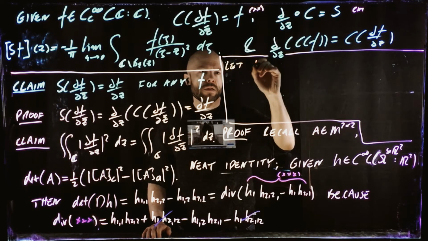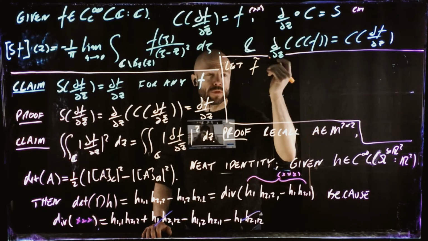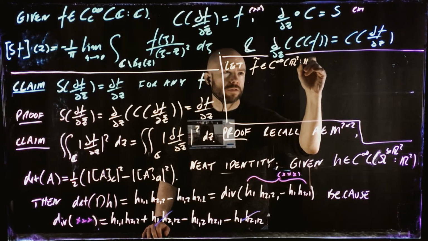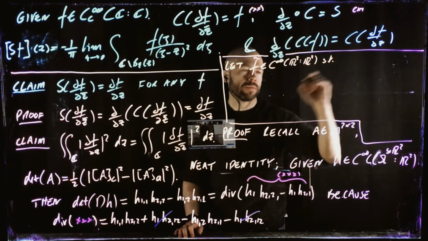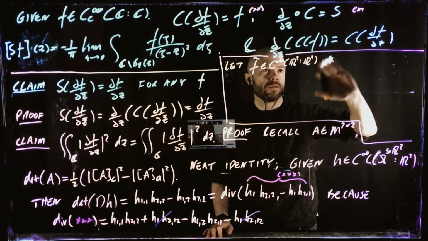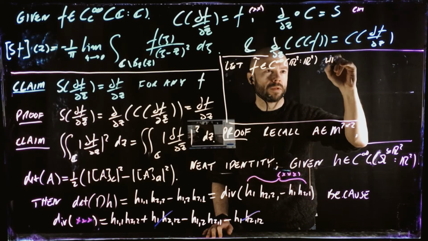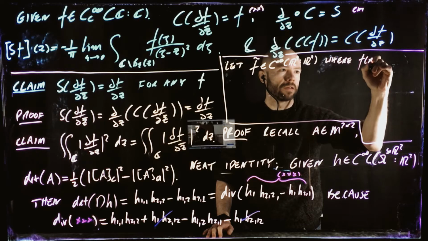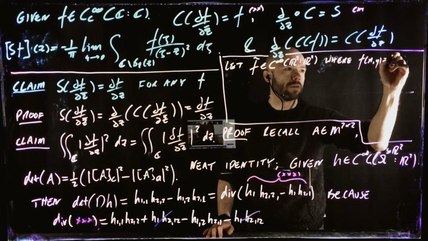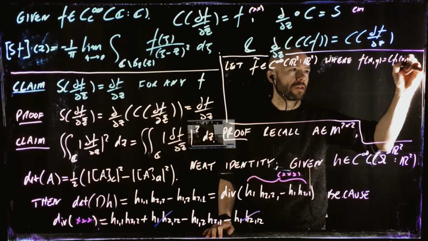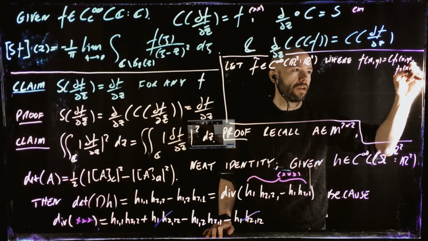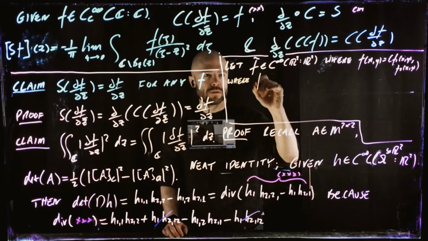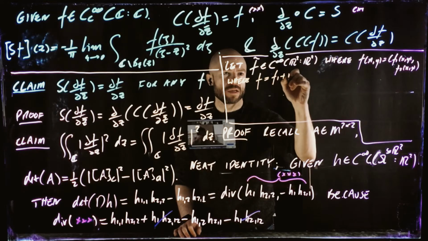Let F tilde be the standard real version, the R2 to R2 version, of this complex function, where F of x, y is equal to (f1 of x, y, f2 of x, y), where we think of f as f1 plus i times f2.